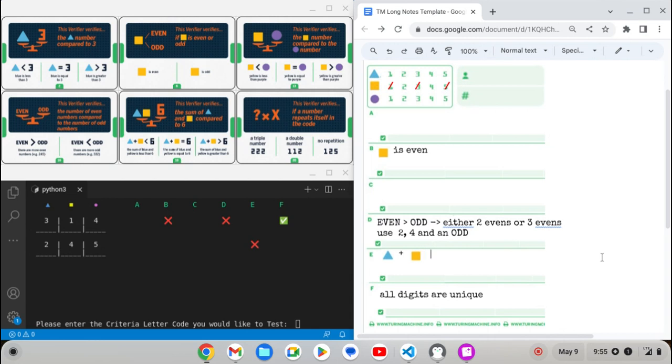So it's either, we'll say, less than 6 or greater than 6. Okay, since it's not equal.